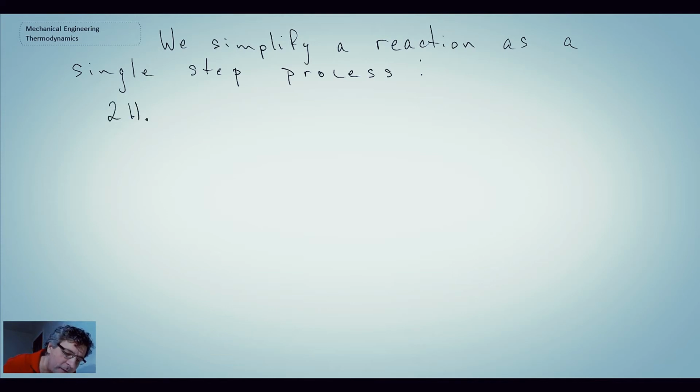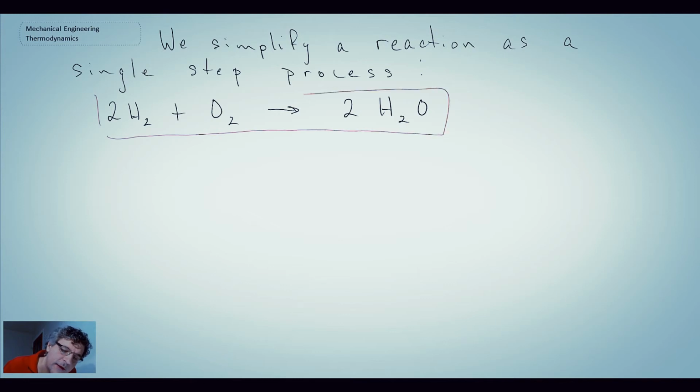So let's take one of the simplest oxidation reactions that exists, which is the oxidation of hydrogen with oxygen. And when that occurs, we get 2 moles of water. And let's assume it's water vapor, it doesn't really matter. In reality, this is what we would study if we were taking a class in chemistry. Actually, it's what we're going to be doing here in thermodynamics because it simplifies things. But in reality, this is actually more complex.